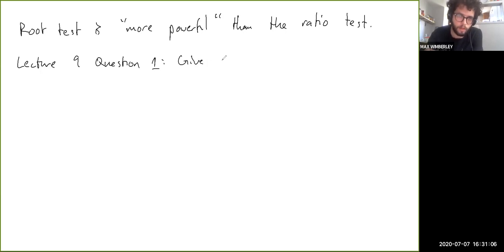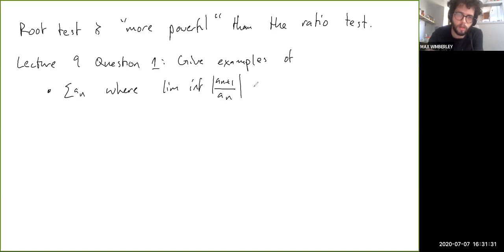Give examples of, firstly, a series a_n where the lim inf of the ratios is strictly less than 1, strictly less than the lim sup of the ratios, but a_n converges.